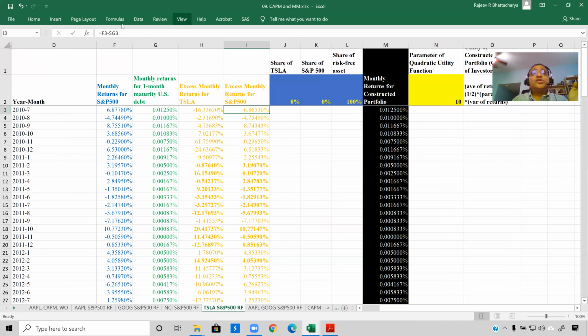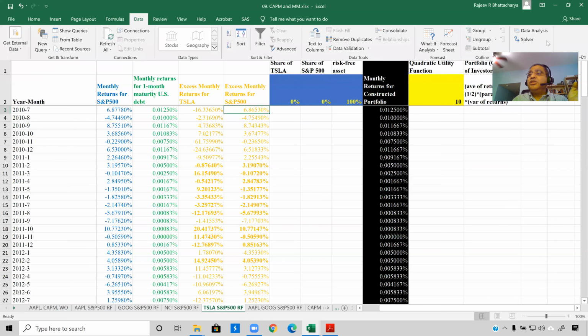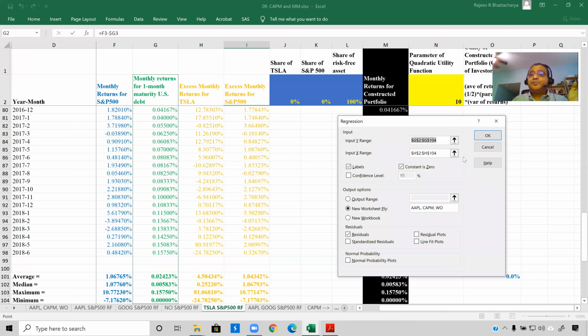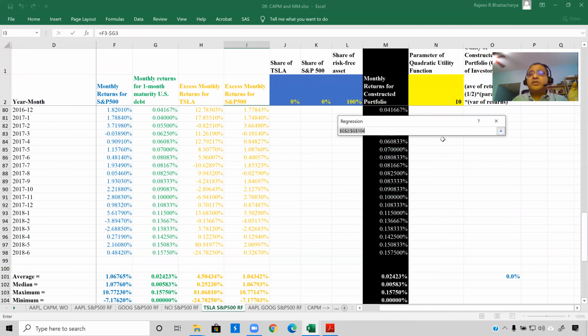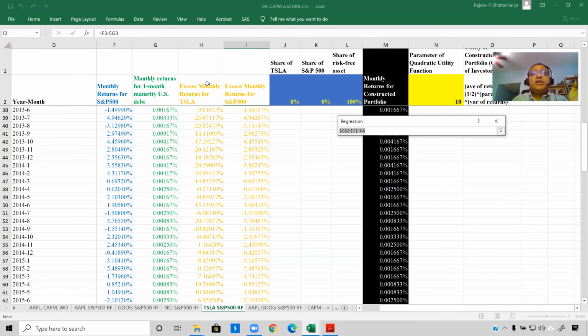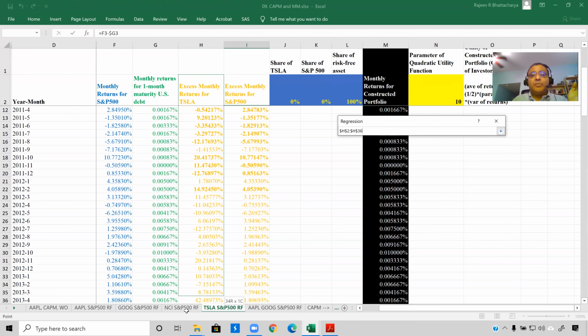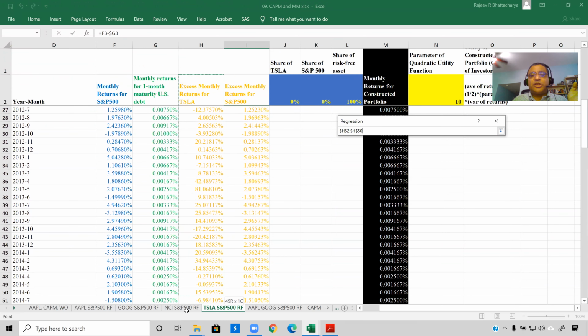In order to do so, we go again to data analysis, regression. The input range, we will start with the label. We'll make sure to check that particular box.